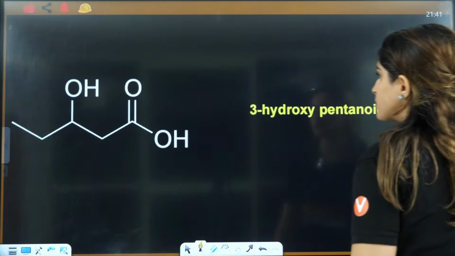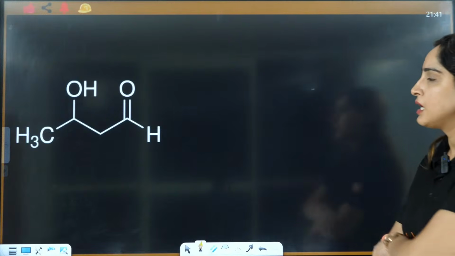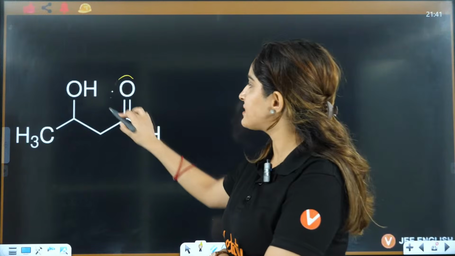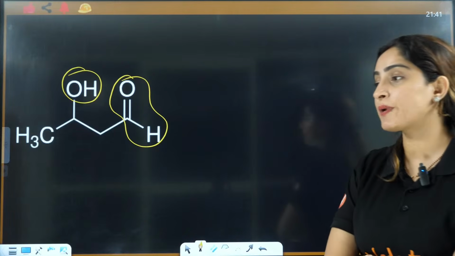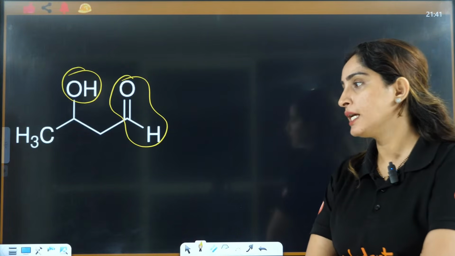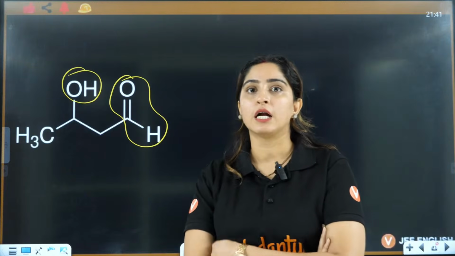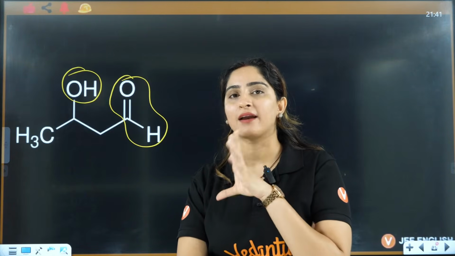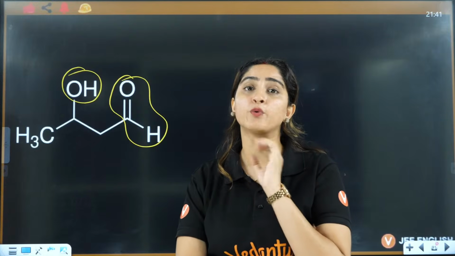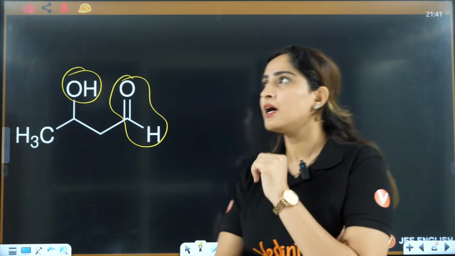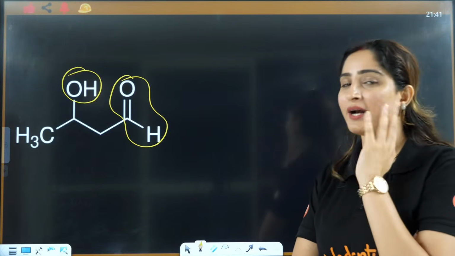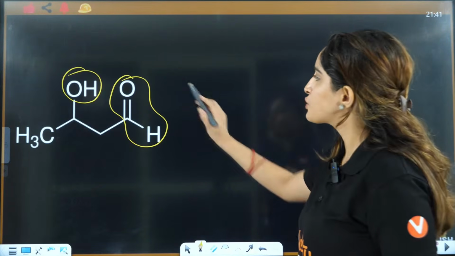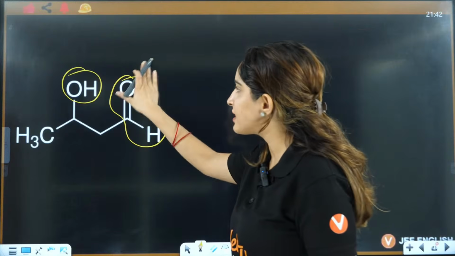Now this is aldehyde and this is OH. Which one will have more priority, aldehyde or OH? Double bond has more priority as compared to single bond. That's also a way you can remember it. But eventually you don't even need to remember anything. If you have practice, then automatically it will be in your head. So here hydroxy is the substituent.